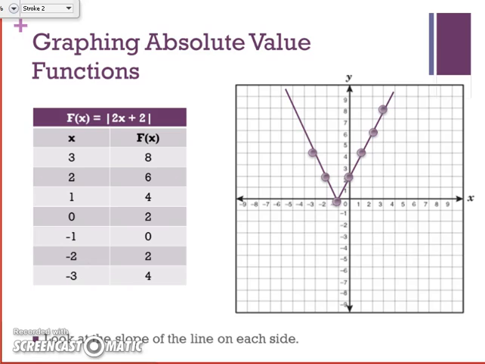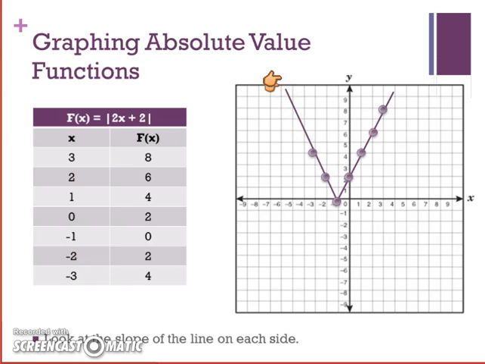After you plug in all of those values, we plugged in 1, we got out 4. Plugged in 0, we got out 2. We're still using the same function equation. When you look at the graph, notice how it's not just a straight line anymore. We've got these numbers, it comes to a vertex point, and then it goes back up the other way.